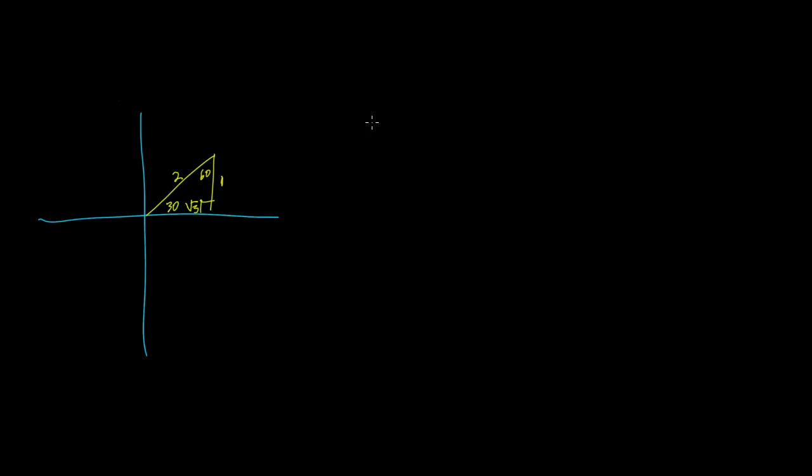Okay, so real quick, what's our sine of 30? What's our cos of 30? And what is our tan of 30? You will remember your SOHCAHTOA. First thing you learn in trigonometry.